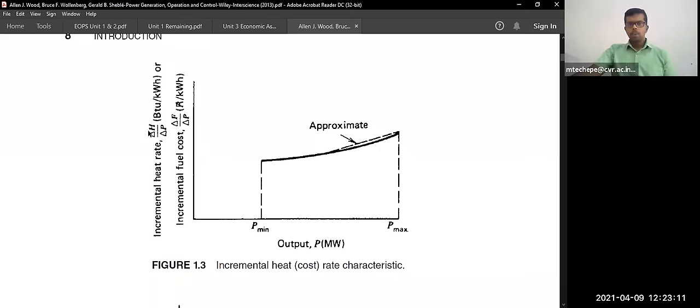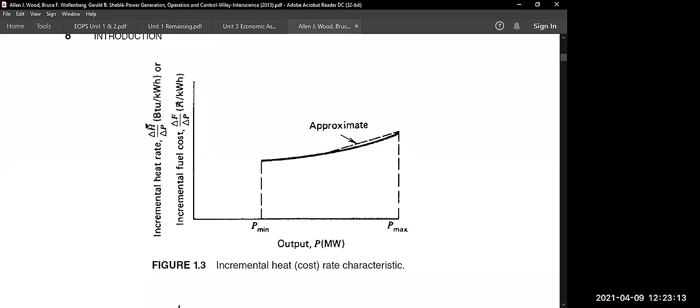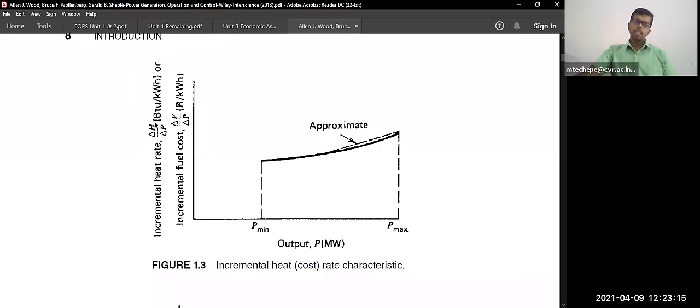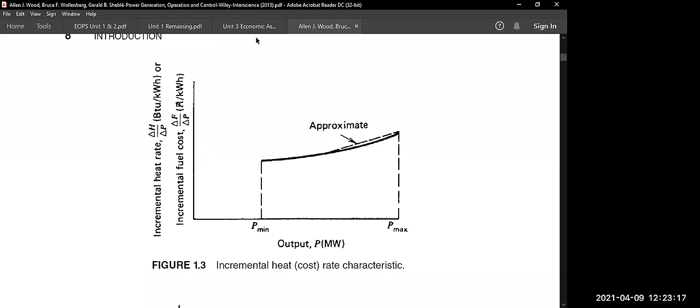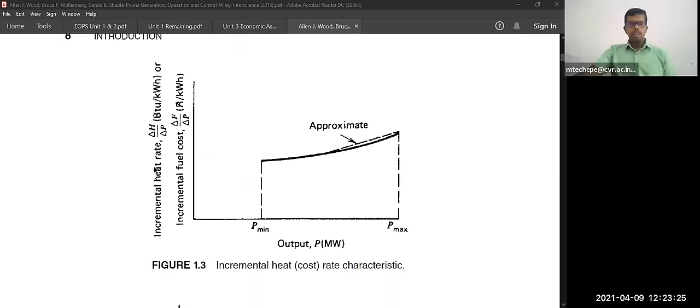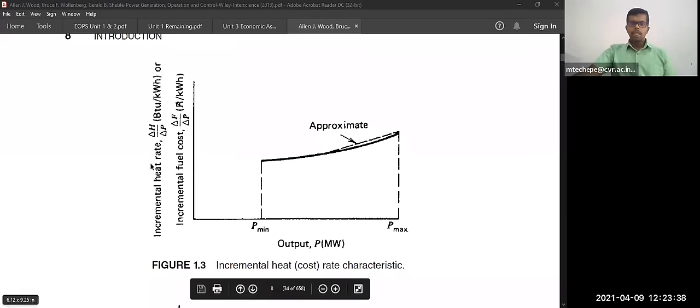So we are taking the first derivative, the differentiation with respect to power.